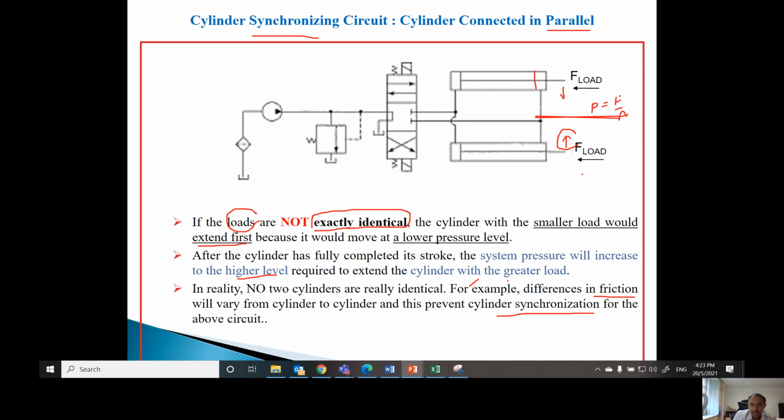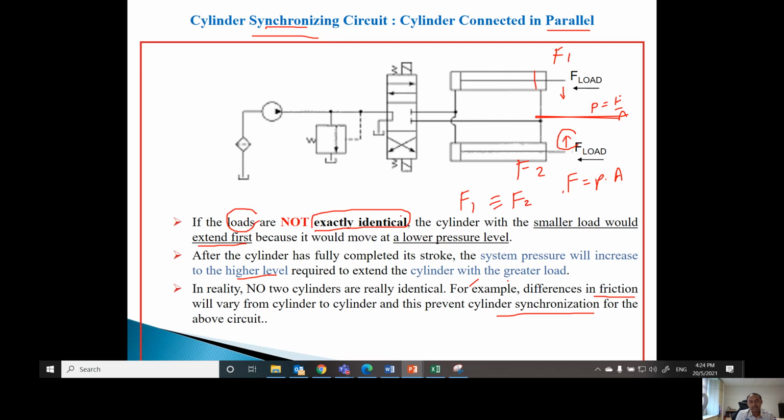So the load F equals P times A. The key thing here is that, let's say this is F1, this is F2, F1 must be equal to F2 in order to have the cylinders synchronized.